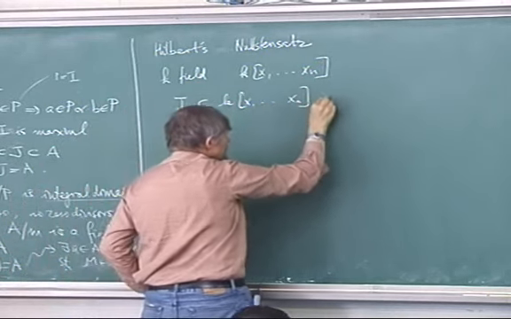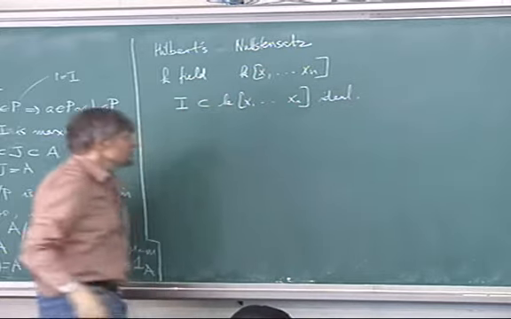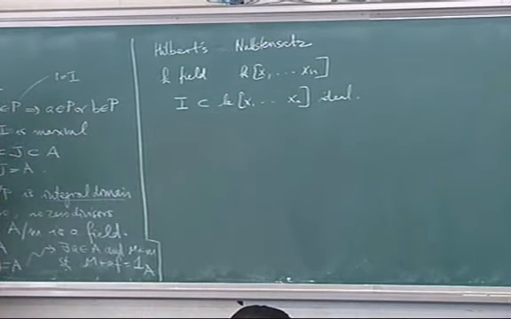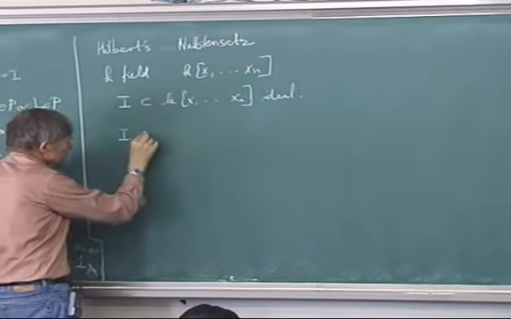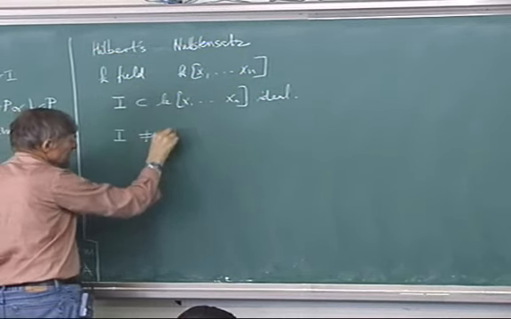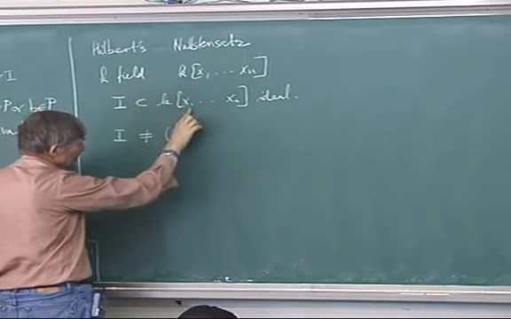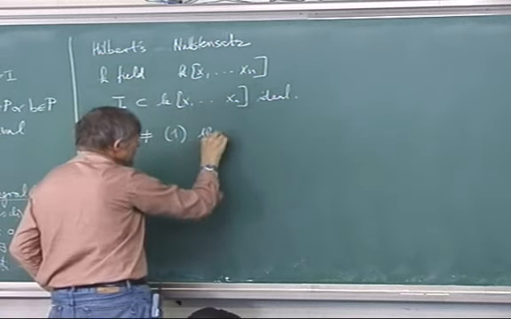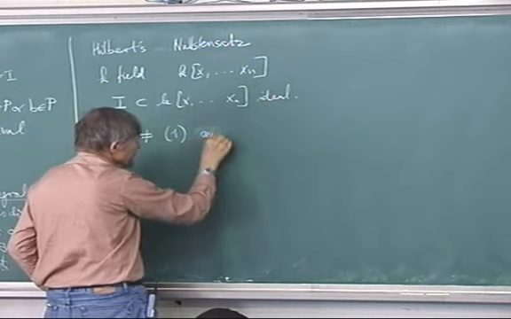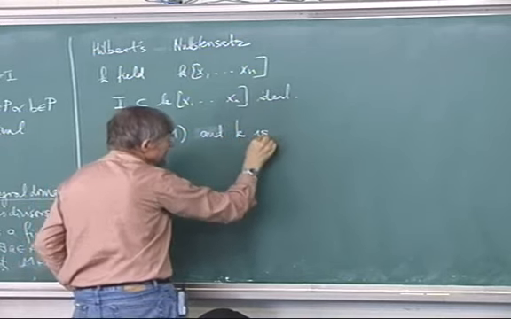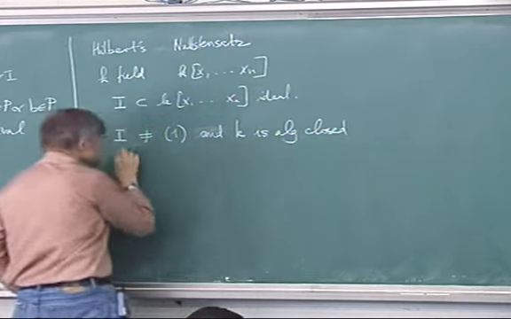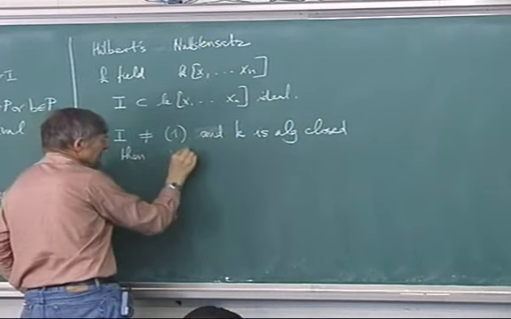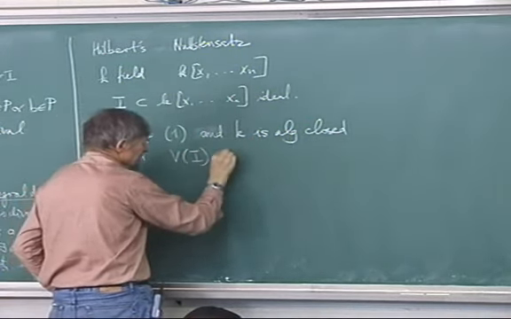The statement is that if I is not equal to the ideal 1, so I is not the whole ring, and K is algebraically closed, then V of I is not empty.